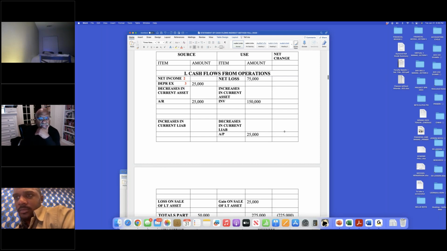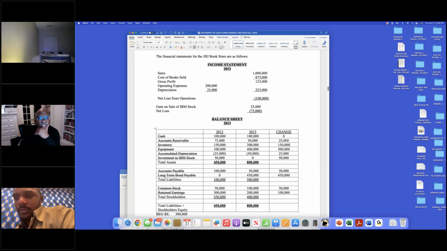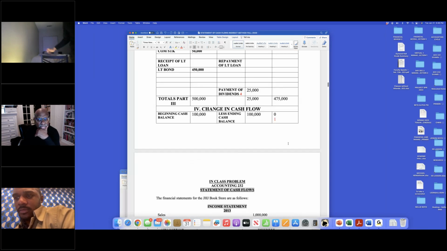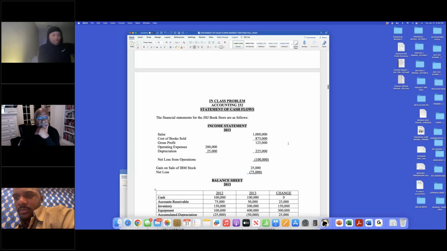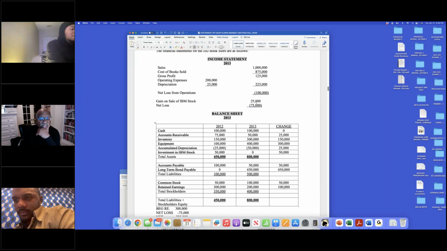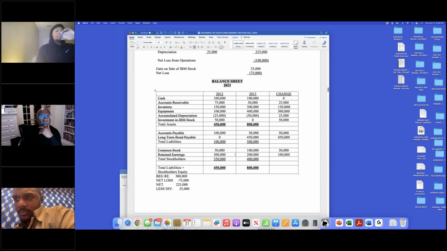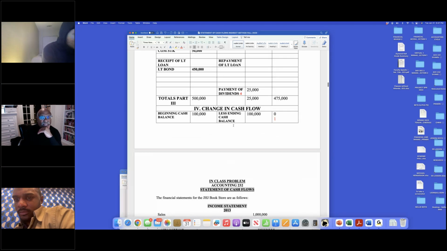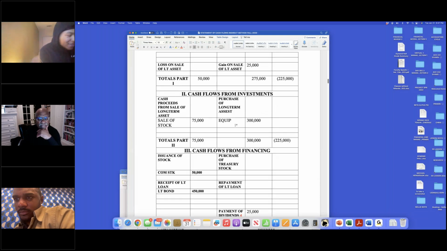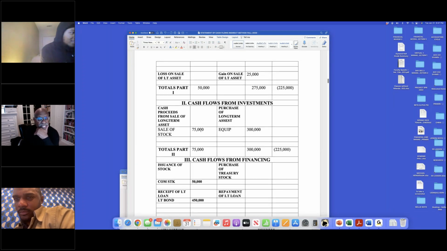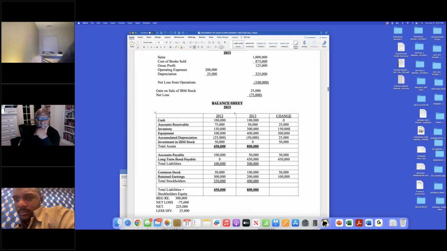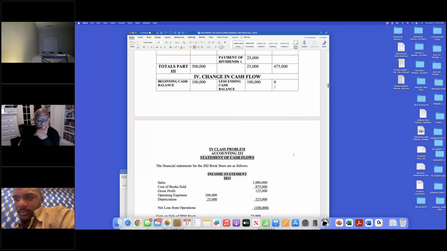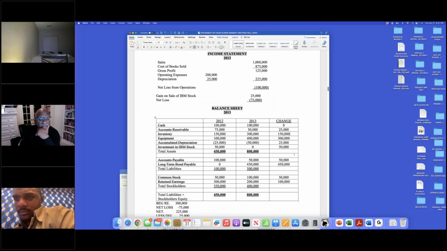Equipment 300. Okay, let's look at the IBM stock. That changed 50, 25 gain, and cost is 50. 75, that's 25, is 50. Okay, the long-term bond was 450. And the change in common stock was 50.